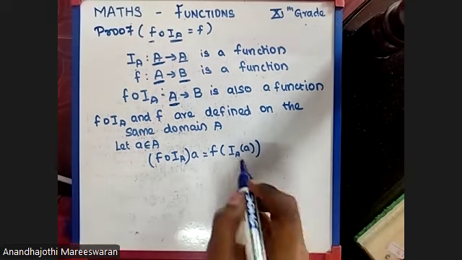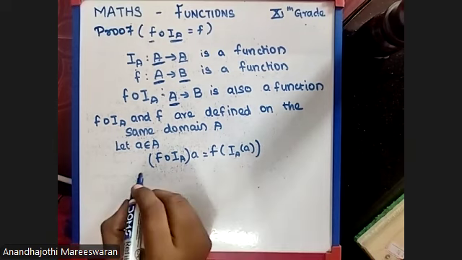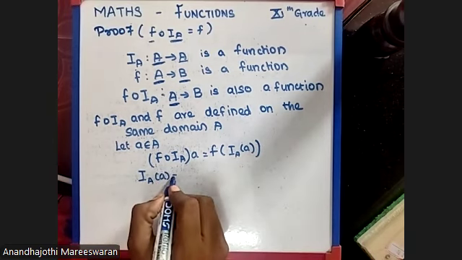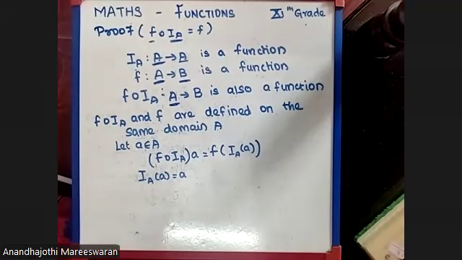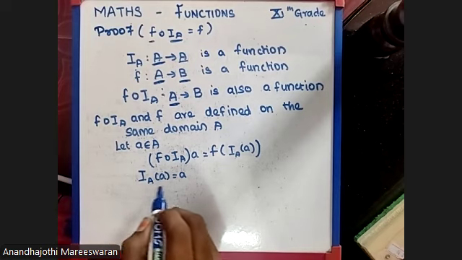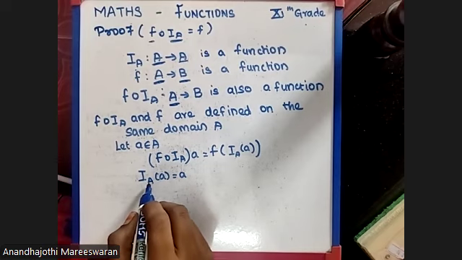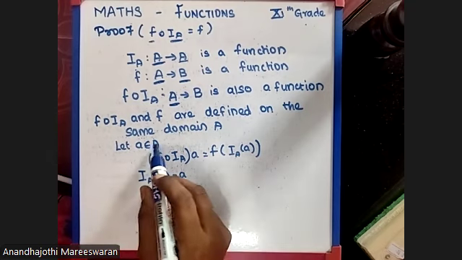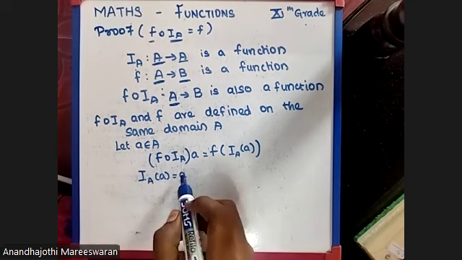As I said already, IA of a equals a. Why? Because IA is an identity function, sorry, not an identity matrix, where when you give an element from set A as an input, the output will remain the same.